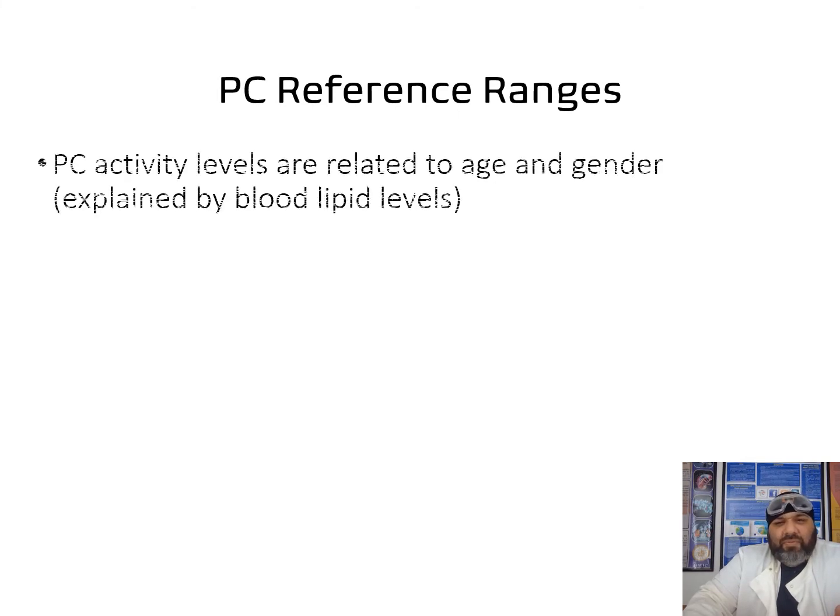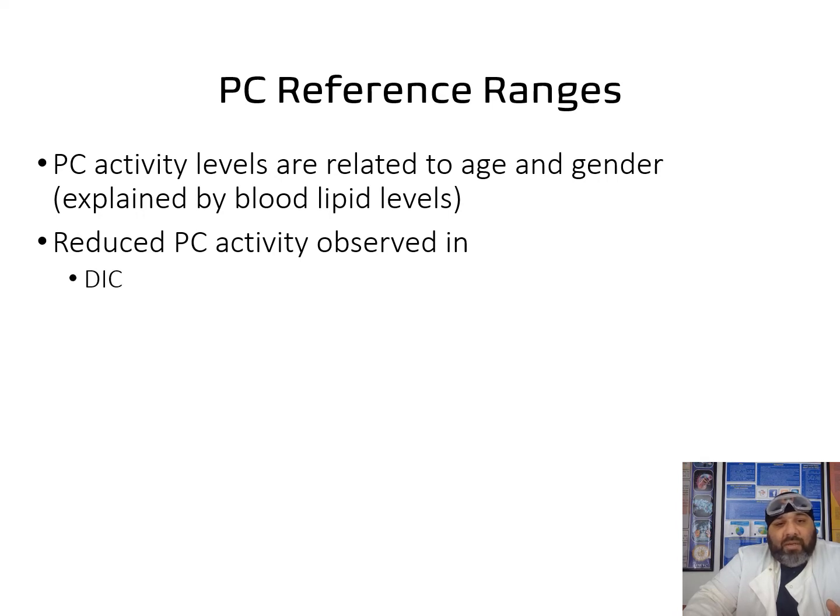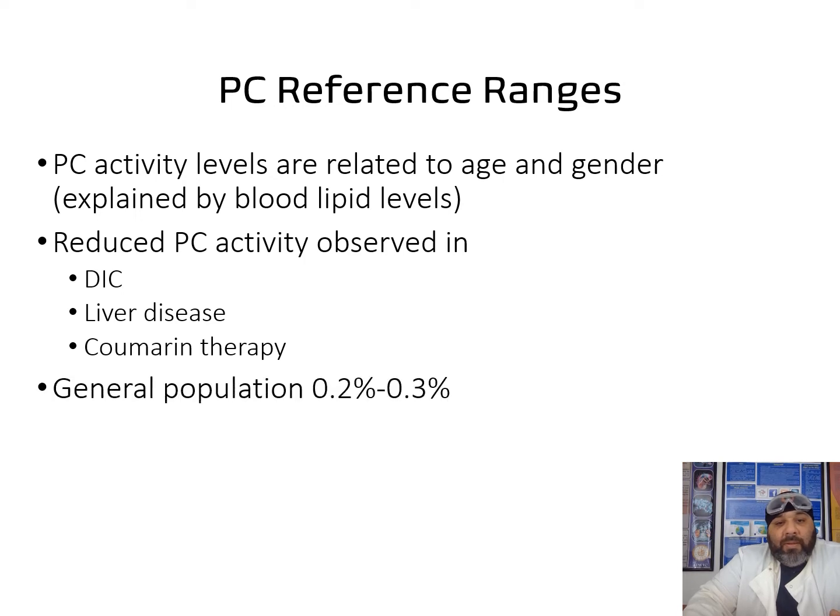Protein C reference ranges differ from antithrombin somewhat. However, PC activity levels are related to age and gender as well, and there's reduced PC activity observed in disseminated intravascular coagulation, liver disease, coumarin therapy.